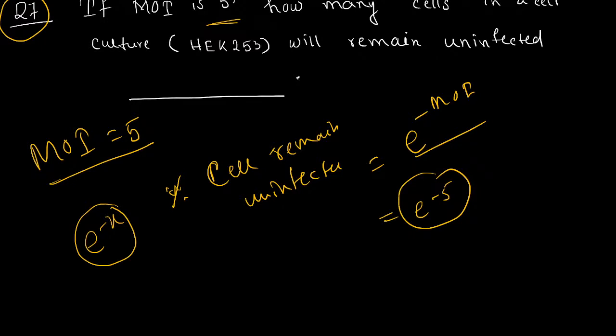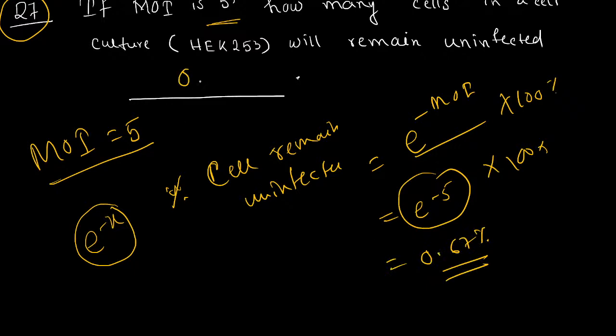No, guys, it is really not possible. Minus 5, into 100. 0.67. Yeah, the thing is coming 0.67, and into 100% for percentage.